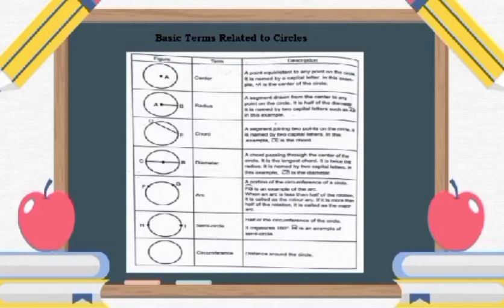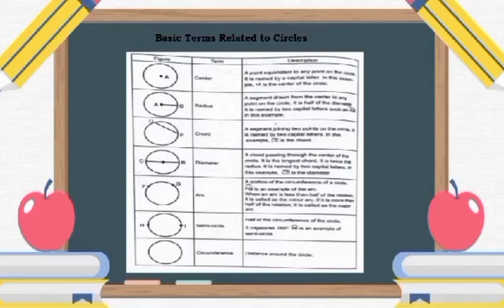If it is more than half of the rotation, it is called a major arc. Next is the semicircle: half of the circumference of the circle. It measures 180 degrees, and each is an example of a semicircle.